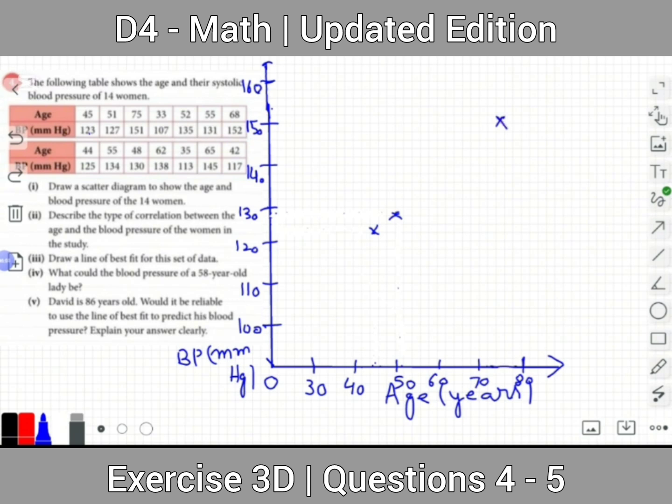Now for the ordered pair 33 and 107, here we have 33, somewhere between 32 and 34. And here we have 102, 104, 106. Here we have 107 somewhere here. So we'll put a cross here.